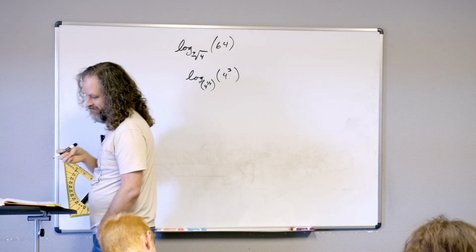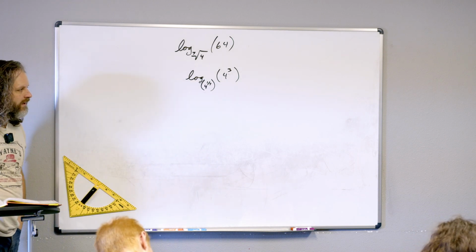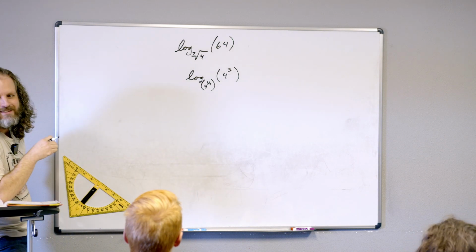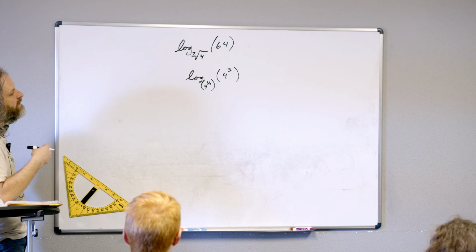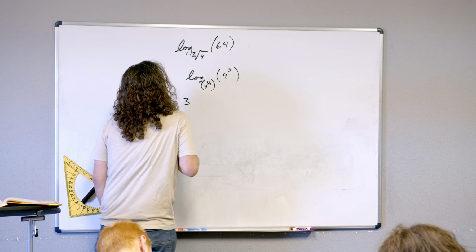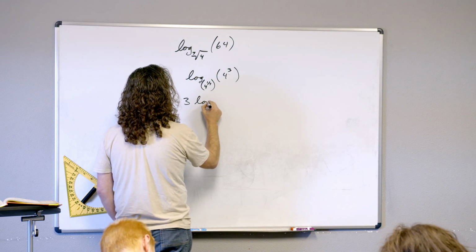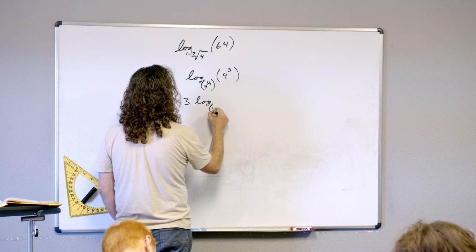And then the 4's can go away. Can they? Can they though? You need to take out the 3. Okay, so taking the 3, log base 4 to the 1/7.